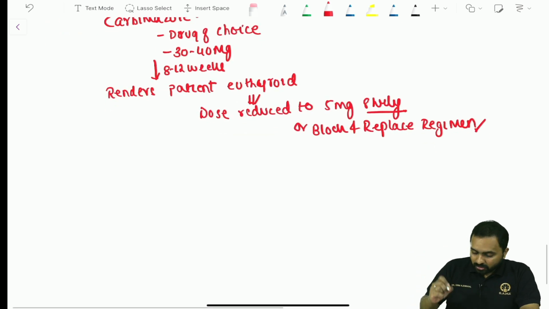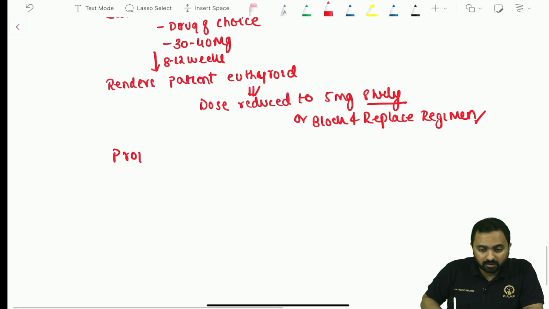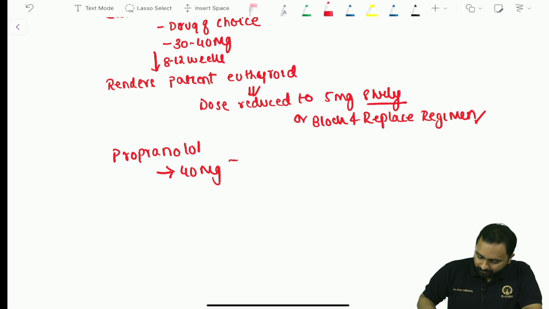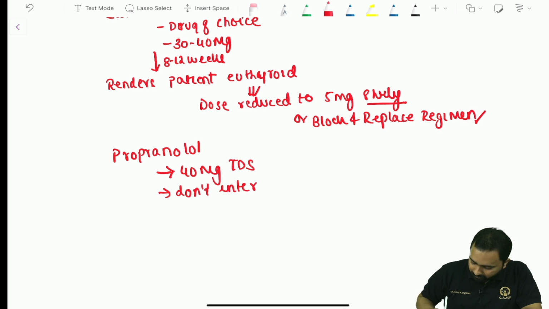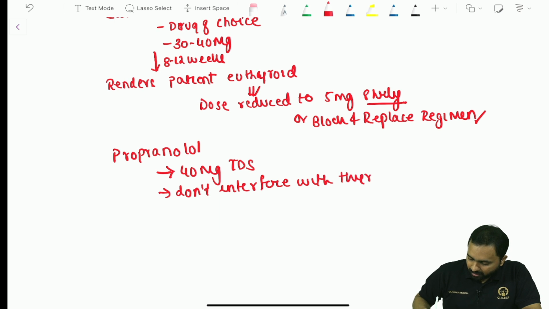Now you have another important drug, which is propranolol. Again this is given 40 milligram thrice daily. This usually doesn't interfere with thyroid hormone synthesis.